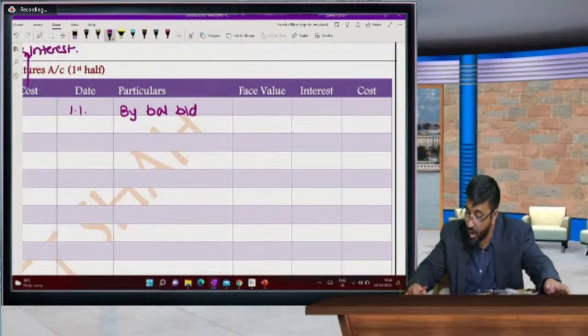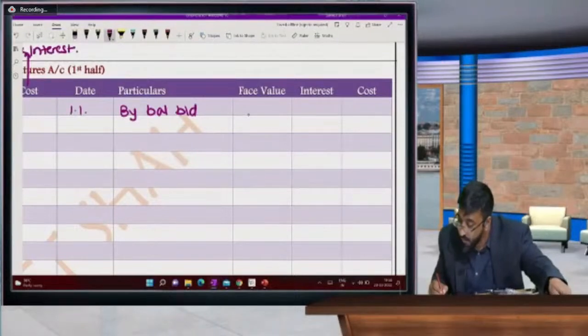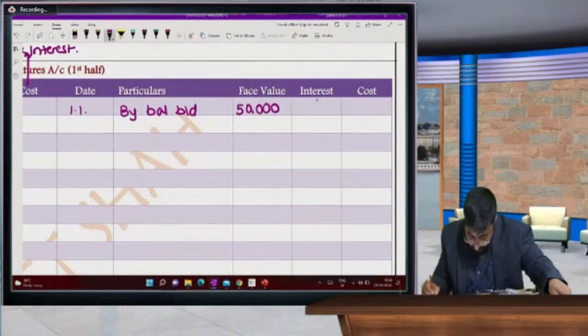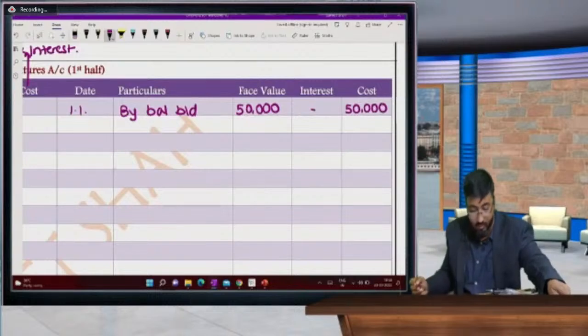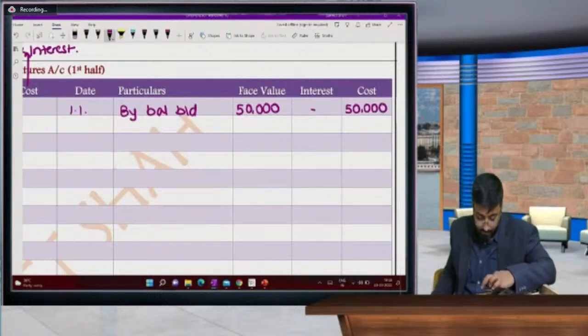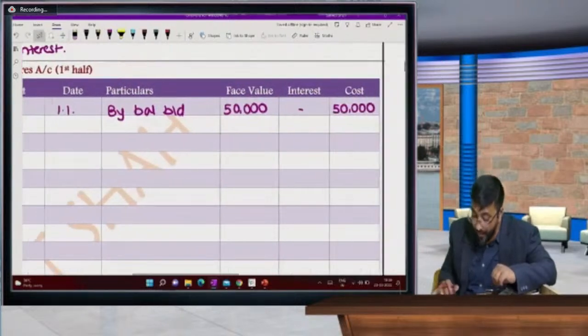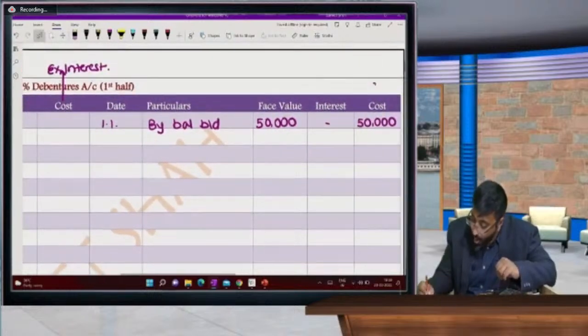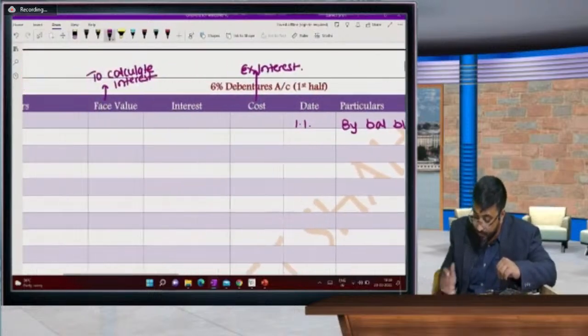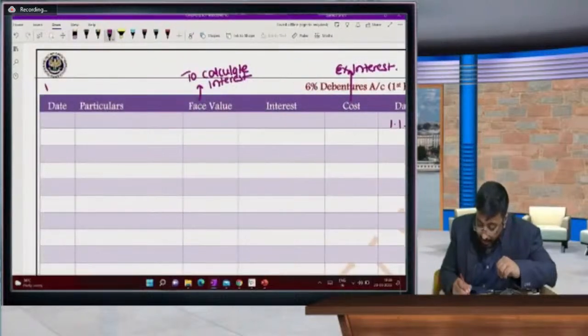By balance brought down, 50,000. Okay, so on the first day we have a credit balance. So debentures always credit plus, debit minus.